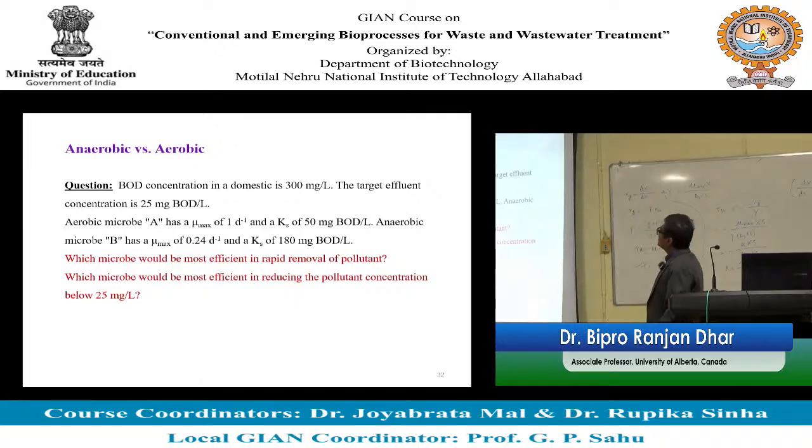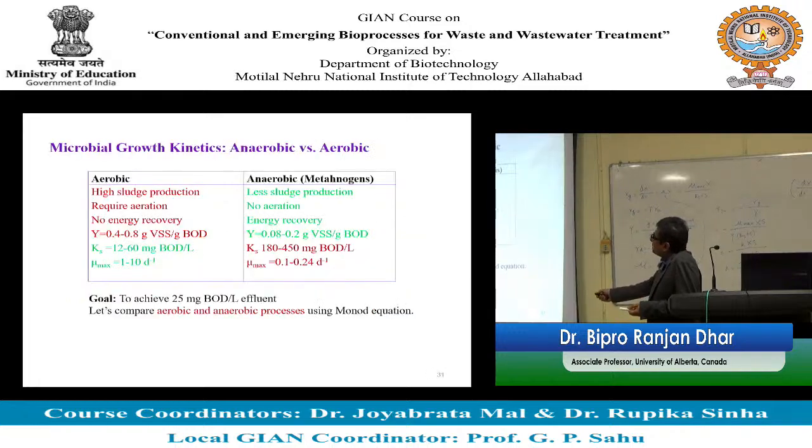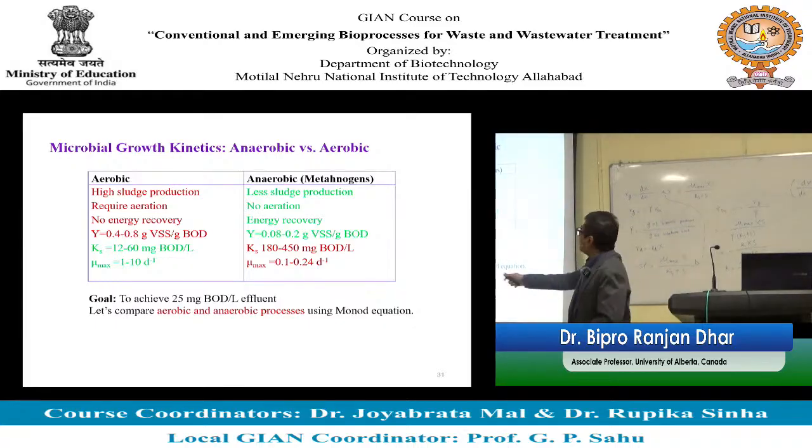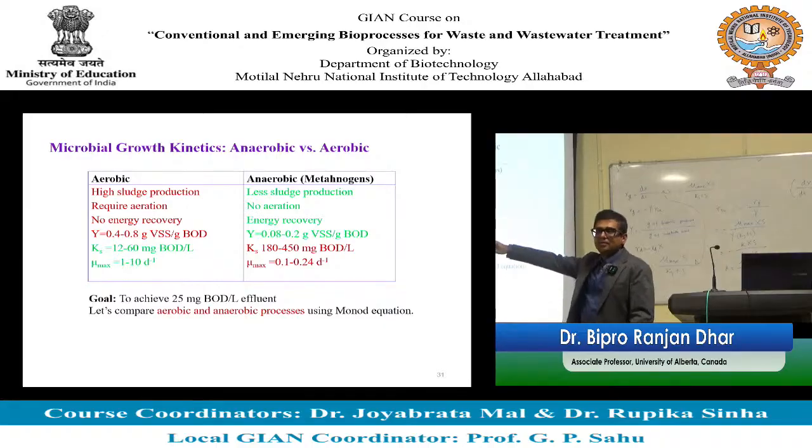The BOD concentration in domestic wastewater is 300 milligram per liter, and we target 25 milligram per liter BOD in the effluent. For the aerobic microbe, we consider mu max 1 per day and Ks 50 milligram per liter. So we consider the lowest specific growth rate and almost the highest Ks value.